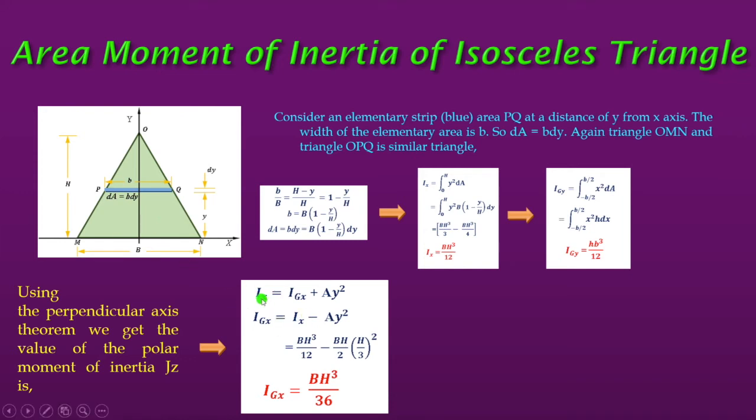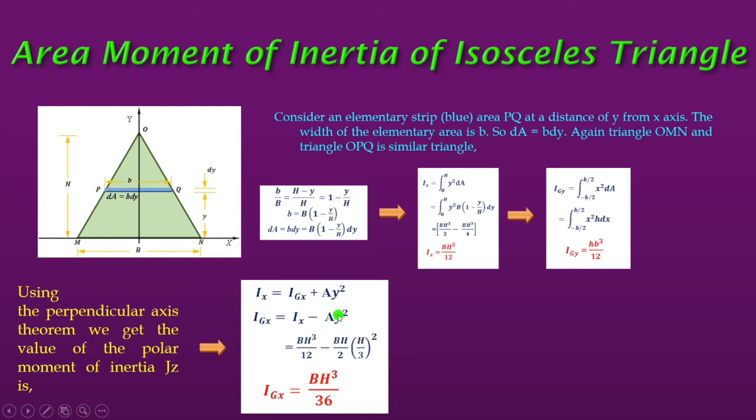Here Ix equals Igx plus A y square, that we know from the parallel axis theorem. And the value of Ix we have already calculated, bh cube by 12. The area of the triangle is half into base into height. The distance between the parallel axes, one axis being x and the other the centroidal axis, is h by 3.